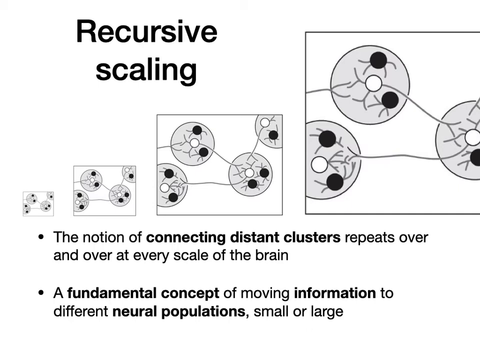So this is a fundamental concept of how we are going to move information to different neural populations. If a large neural population is trying to send complex information somewhere, within that large area are a bunch of smaller areas that are determining what that information will be. It's very much like programming in a sense. It is the idea of functions being composed of smaller, simpler functions.